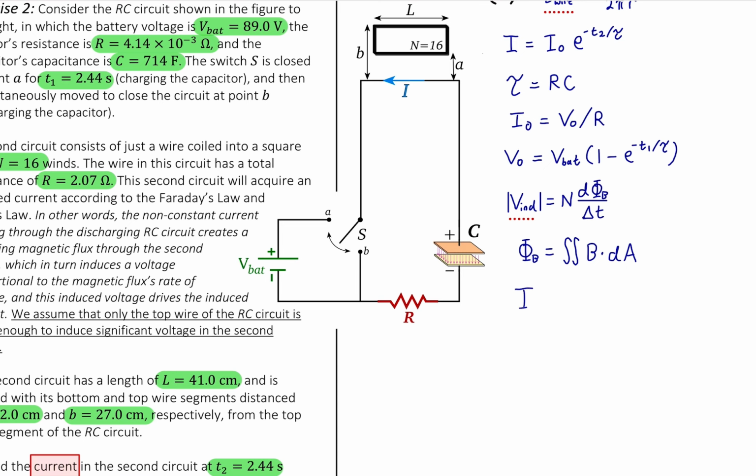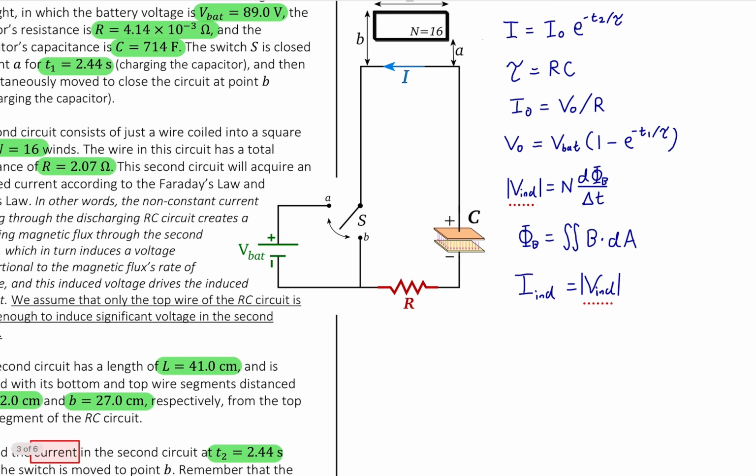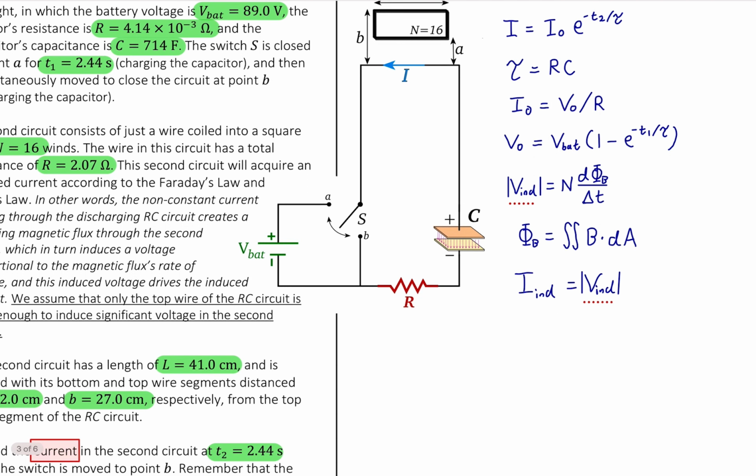So I'm just going to call this I induced, and it's just going to be V induced. I am just interested in the absolute value of it. I don't care about the direction here, other than if I was specifically asked for it, but the current's going to be the same value regardless of whether it's going clockwise or counterclockwise. And then we'll put in our R value.